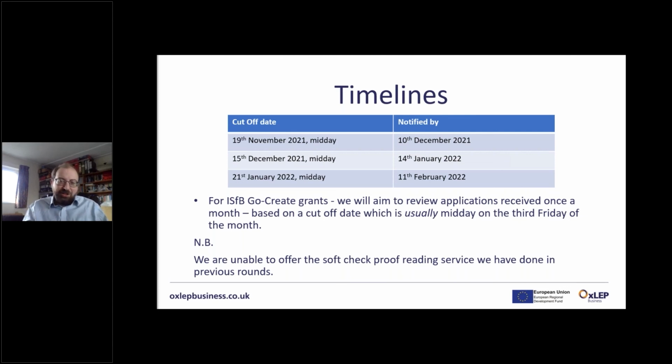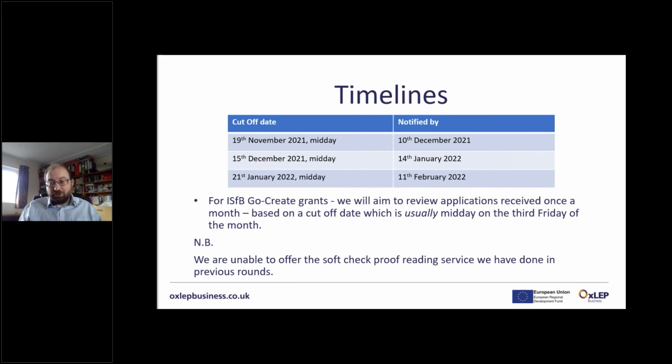The cut-off date is usually midday on the third Friday of each month. That's not the case for December. The cut-off date for December is the 15th, which, if my calendar serves, is the second Friday in December. Again, it's at midday. And the notification is about a month later, so that's the 14th of January 2022.